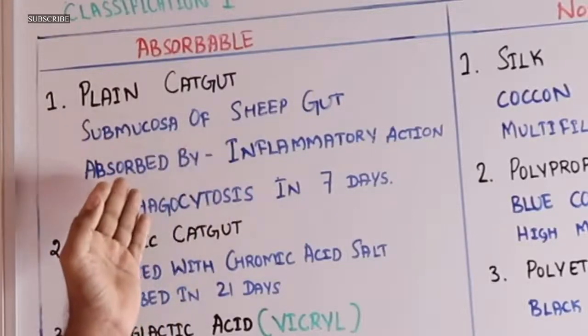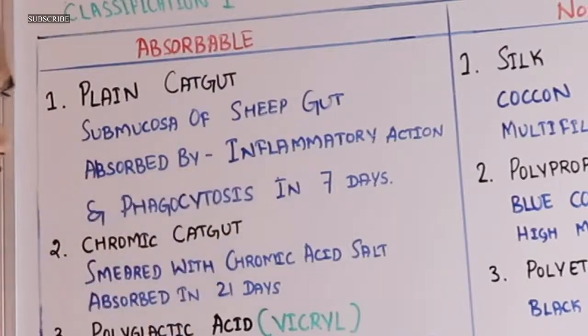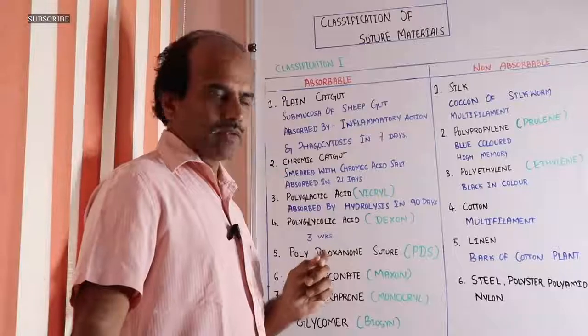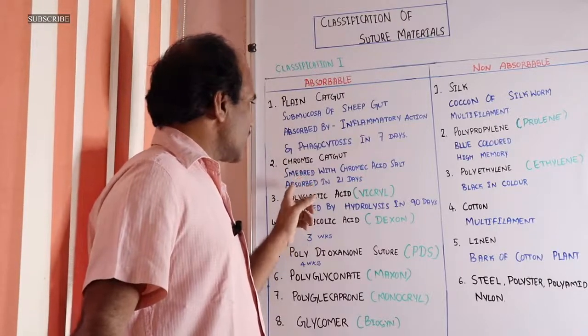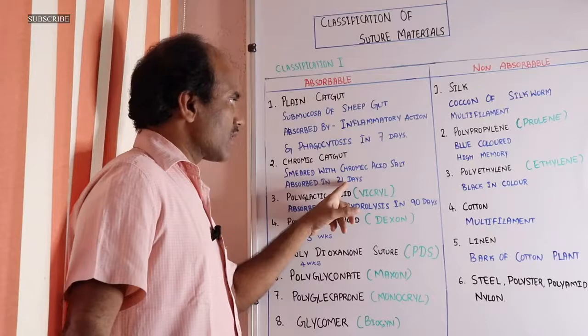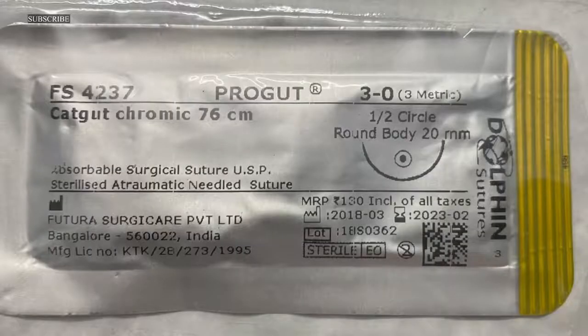It is absorbed by inflammatory actions and phagocytosis in 7 days. To increase the duration of absorbability, we coat it with chromic acid salt so that it gets absorbed by 21 days. We call this chromic catgut.